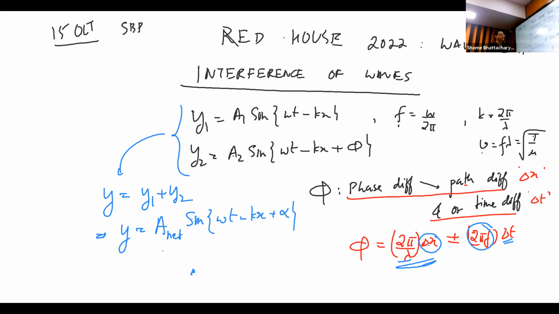So the important thing becomes that once, using this relationship and the information given in the question, we have calculated the phase difference, the next thing is we have to calculate the net amplitude using the phase difference, and that's where that thing comes in. Okay, so now let us see.